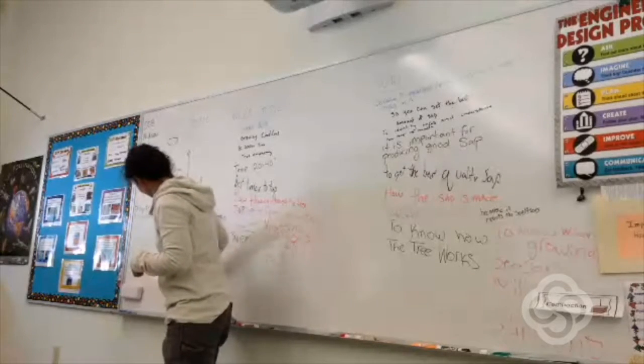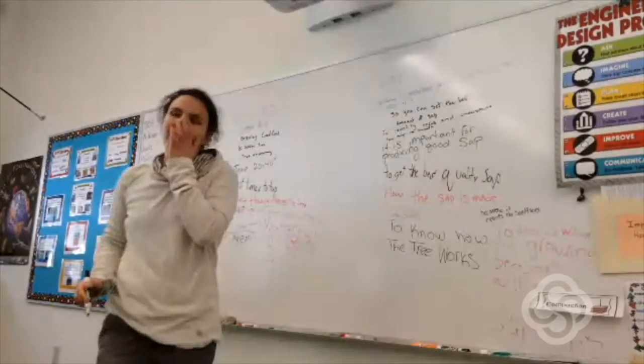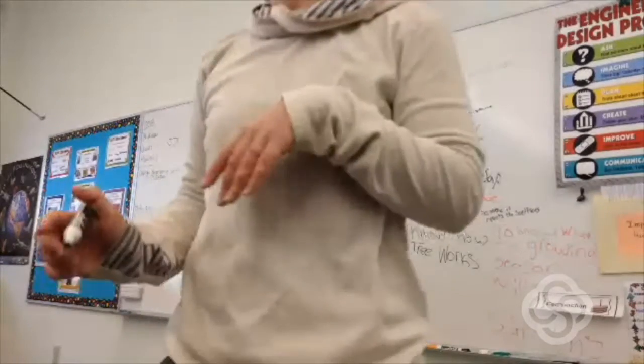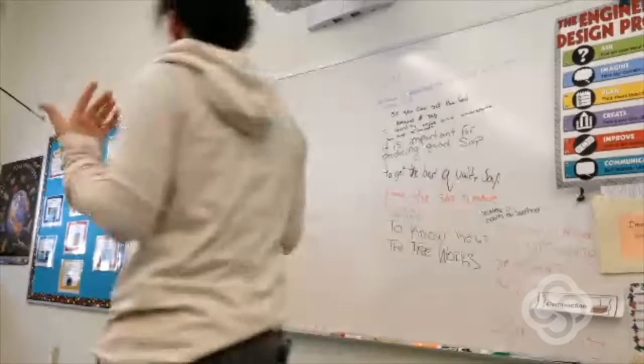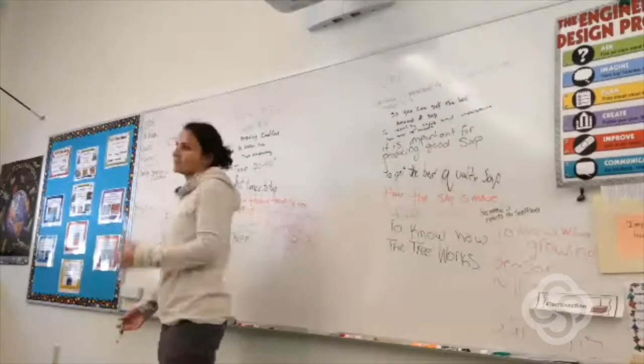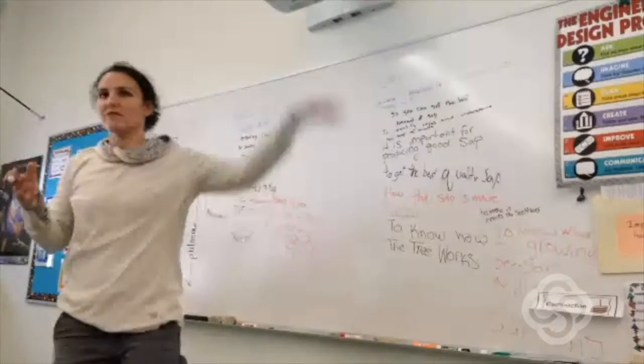Even though it's not spelled with an F, I always think of phloem flows down. That's how I remember. So that's our easy thing. We have our xylem with stuff flowing up and our phloem with stuff flowing down.